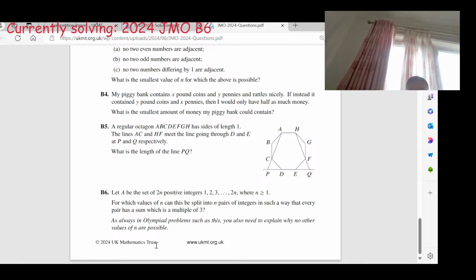Okay, so if n is 0 mod 3, then in terms of 1 to 2n, there is 2n over 3 1 mod 3s, 2 mod 3s, or 0 mod 3s.